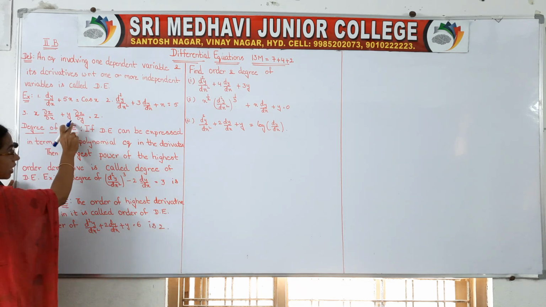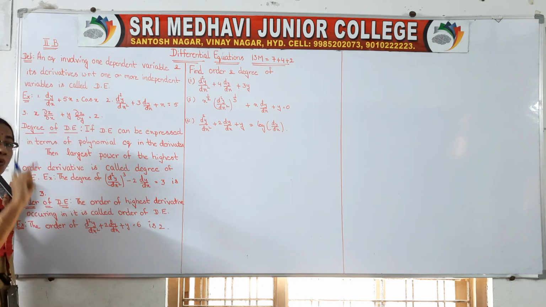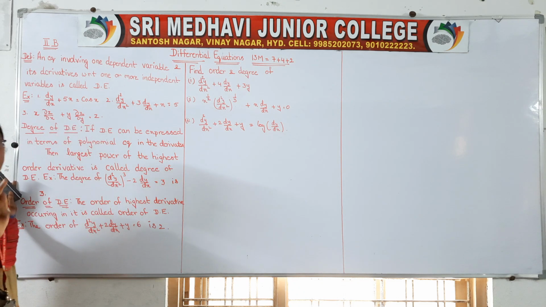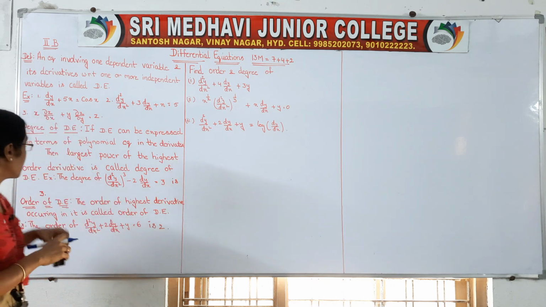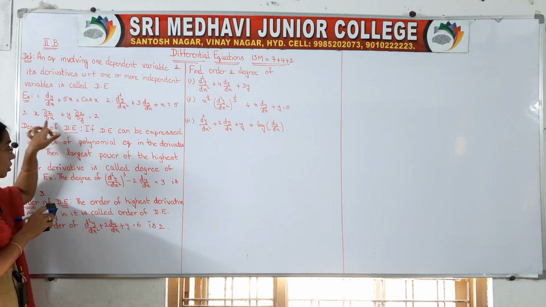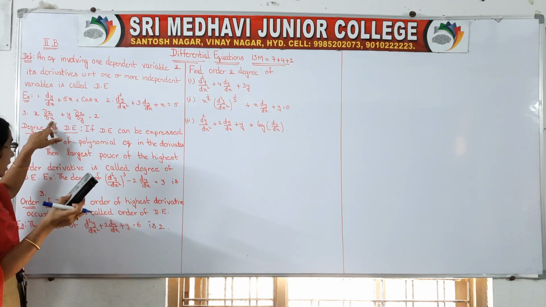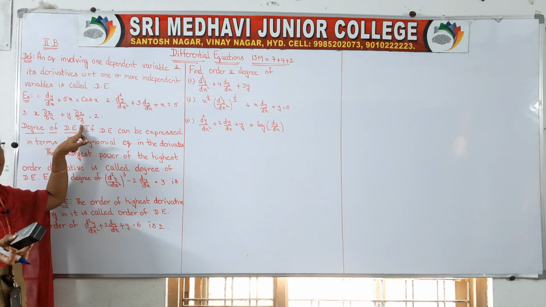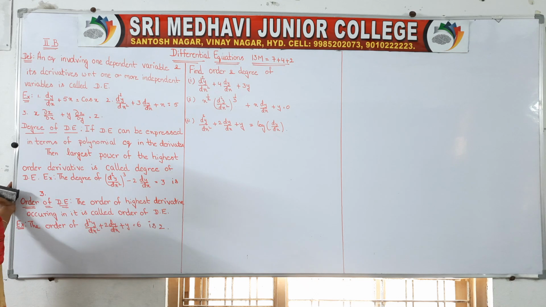But here we differentiated with respect to x as well as with respect to y, right? So that means more independent variables are there. Here x and y are independent variables and z is the dependent variable, that means z depends on x and y.